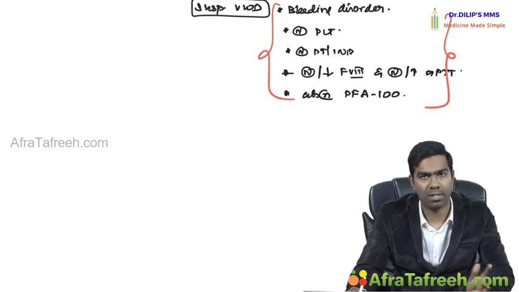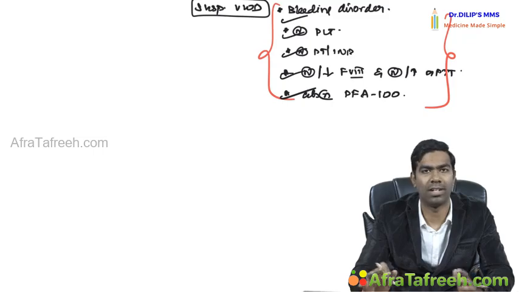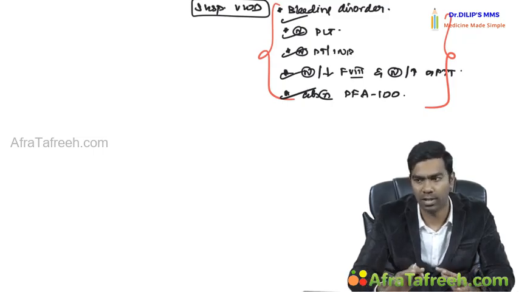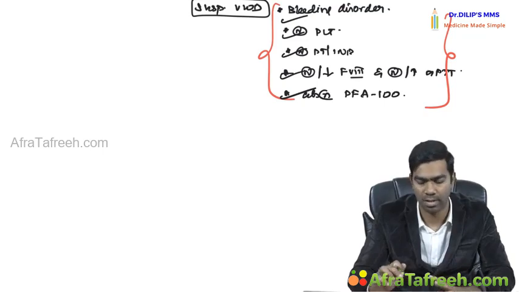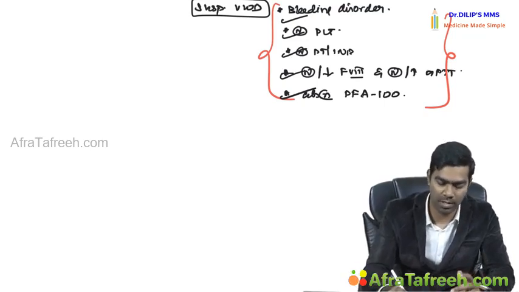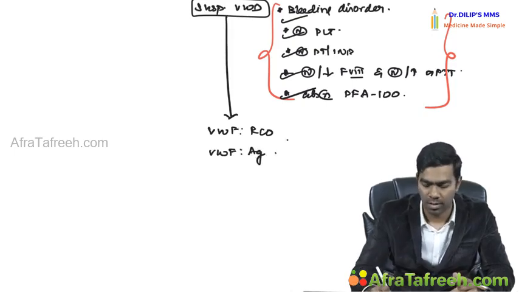Even though this can be highly variable between different types of von Willebrand disease, let us assume these are the usual typical ways you suspect it. So whenever you suspect von Willebrand disease, the next step is the von Willebrand factor ristocetin cofactor activity assay and the von Willebrand factor antigen assay.